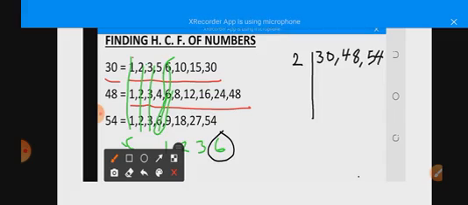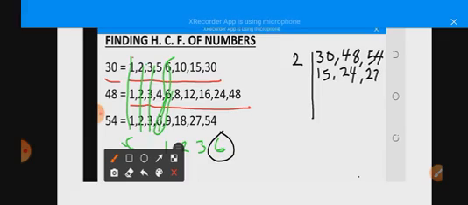2 will divide 30, 48 as well as 54. So 2 into 30 gives you 15, 2 into 48 gives you 24, 2 into 54 gives you 27.